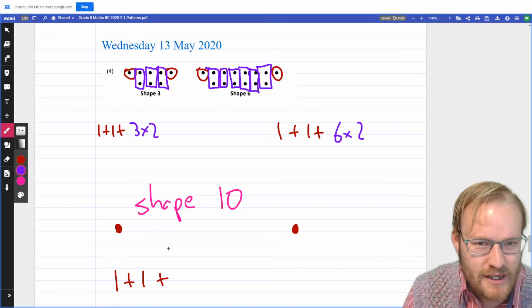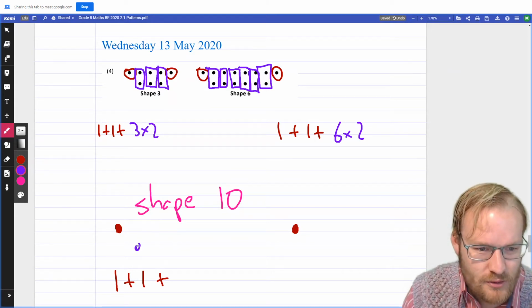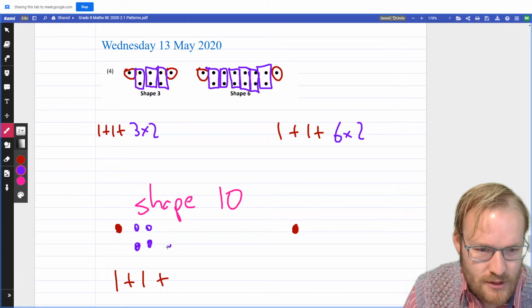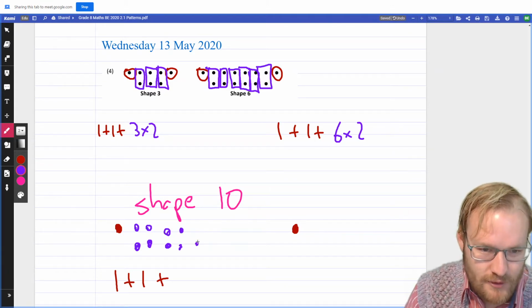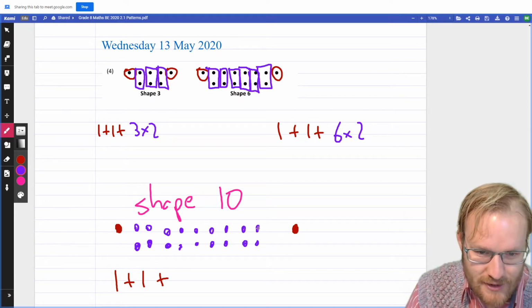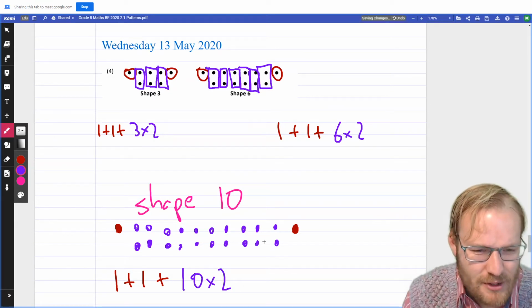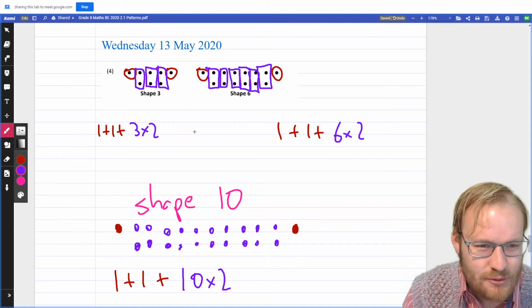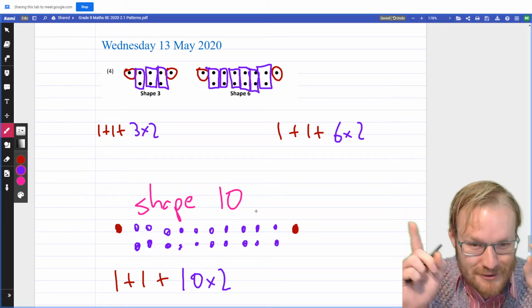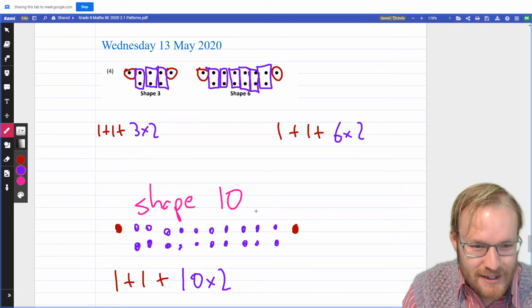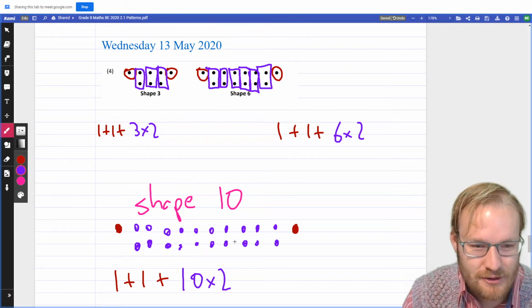So I'd probably have 10 groups of 2: 1, 2, 3, 4, 5, 6, 7, 8, 9, 10. That fits in with our pattern. There's 2 antenna on the side and then 10 groups of 2 in the middle. So that would be one way to deconstruct that shape.